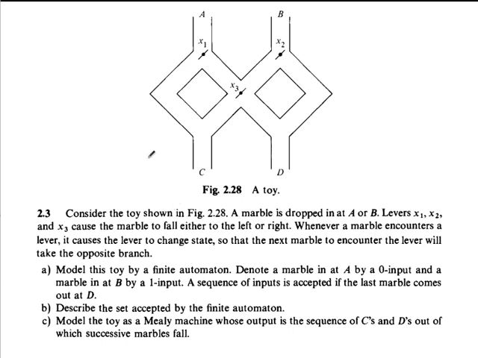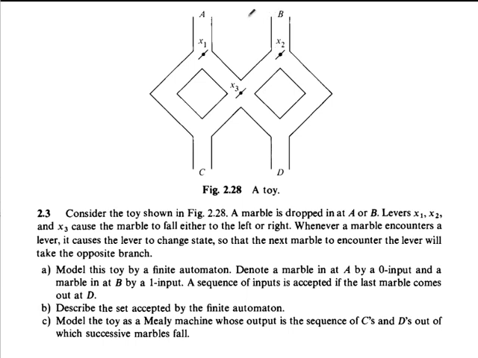Okay, here is one. So this is a kind of a toy. You can drop marbles through these two positions, and this marble will roll down these pipes or whatever.